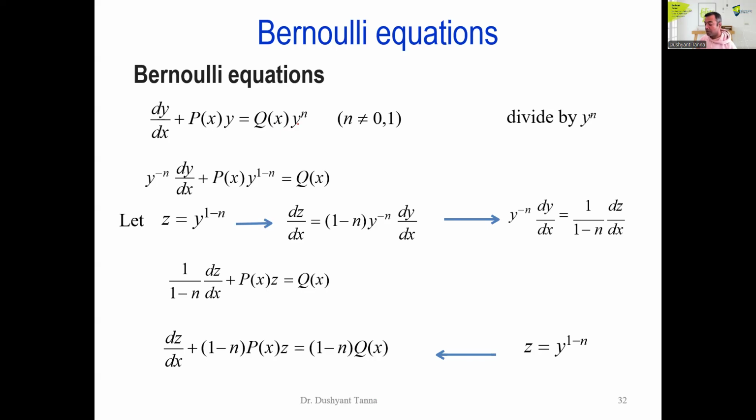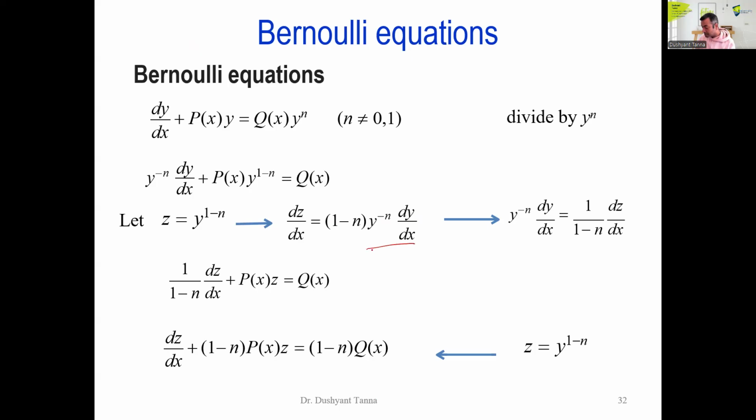How do we solve it? We divide by y to the power n, so it becomes y to the power negative n times dy/dx, plus p(x) times y to the power 1 minus n, equals q(x). Now we introduce a new variable z, where z is equal to y to the power 1 minus n. Differentiating, dz/dx: the power comes in front and is reduced by 1, so it becomes (1 minus n) times y to the power negative n times dy/dx.